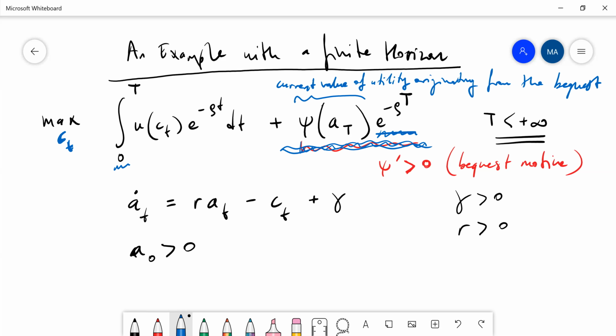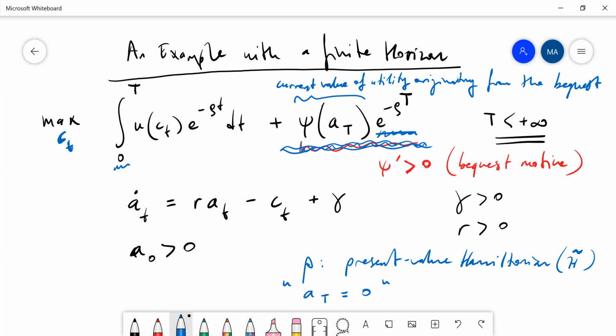All right. So how do we tackle this problem? Most of the stuff that we're going to do is the same, but we're going to be careful with one thing. First, we're going to use the present value Hamiltonian, because it is much more intuitive for a problem like this. And then in the second case, we're going to shut down the bequest motive.